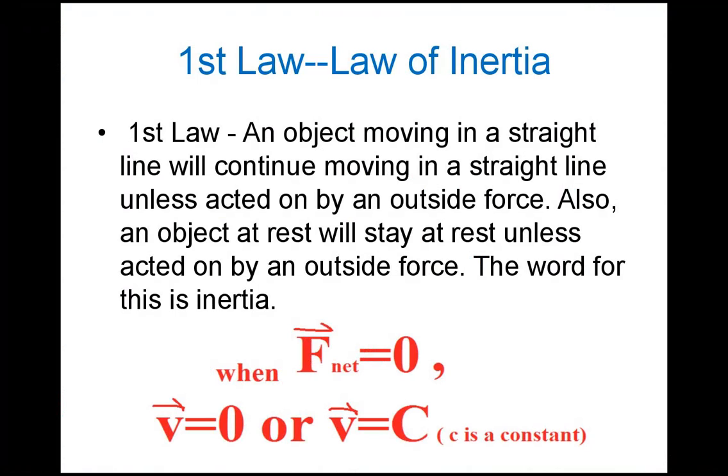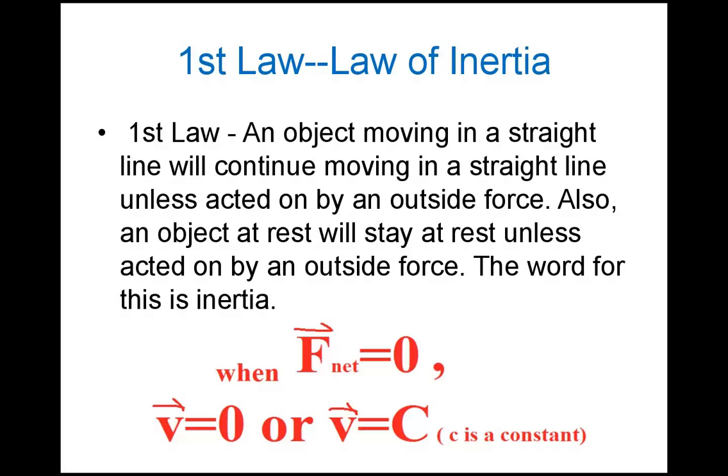So the first law is the law of inertia. The first law states that an object moving in a straight line will continue to move in a straight line unless acted on by an outside force. Also, an object at rest will stay at rest unless acted on by an outside force.